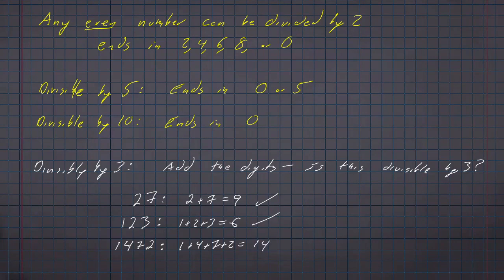I don't think that 14 is divisible by 3, but I can always double check by taking 1 plus 4 to get 5. 5 is not divisible by 3, so 1,472 is also not divisible by 3. Nice, easy way to figure out divisibility by 3.